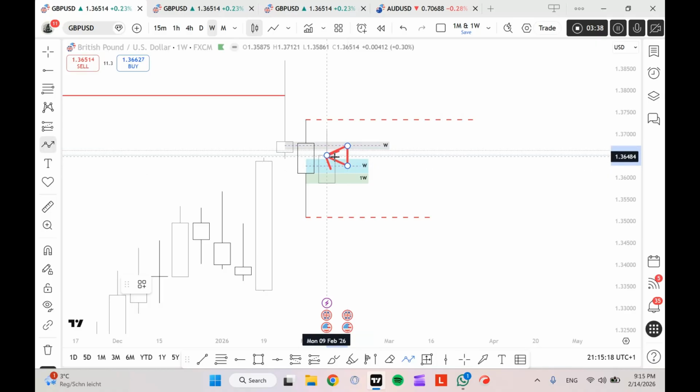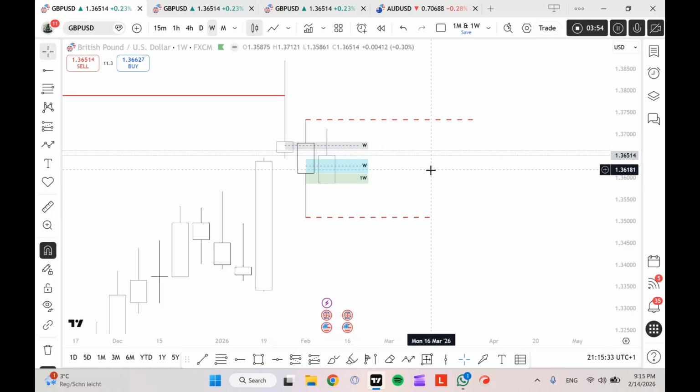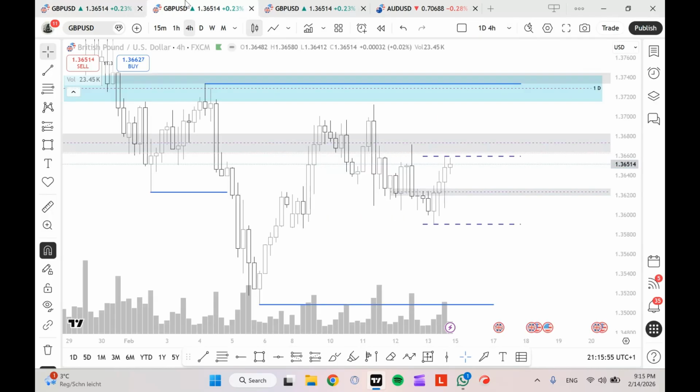What it could do is go to the order block and then keep going lower, this being one of the short levels, or otherwise go to the imbalance or the gap and then go higher. I didn't draw it very well, but you got the idea.